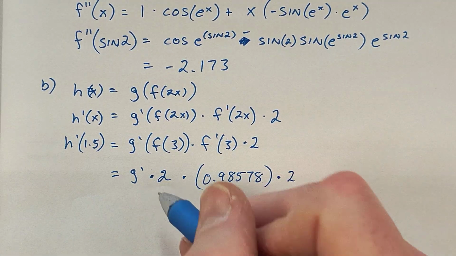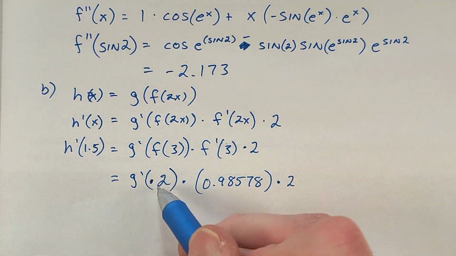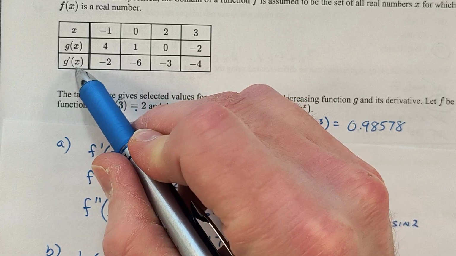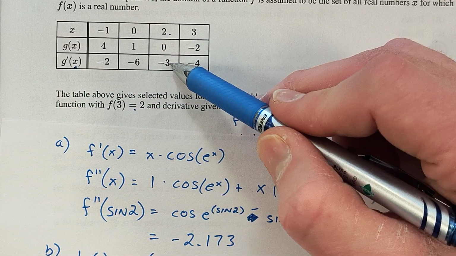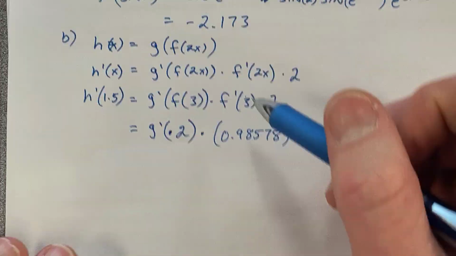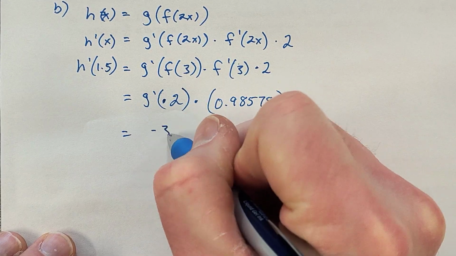All right, g prime of x at 2 is -3. So g prime of 2 is -3.